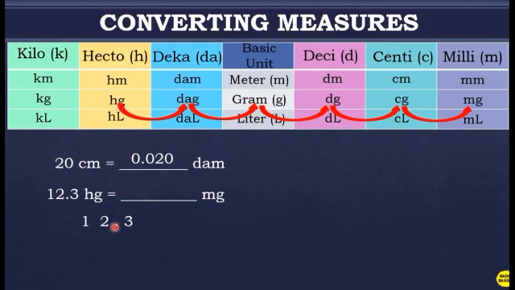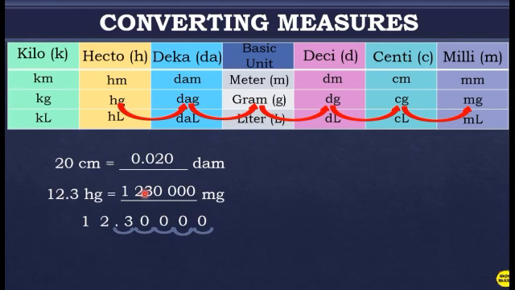Going to the right, 1, 2, 3, 4, 5. Ilan ang bakante natin? 4 na 0. So, lalagyan natin yan ng 4 na zeros. And then, the answer will be 1,230,000 milligrams. Okay. So, ganun lang po.